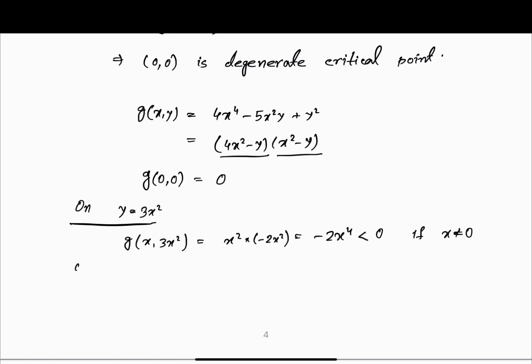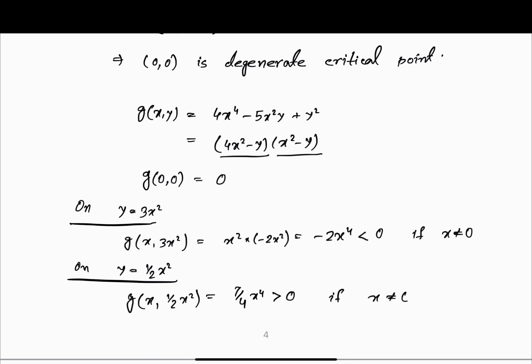And take another curve where this will be positive. So take y equals half x². Then g(x, half x²), if you check, will be 7/4 x⁴, which is positive if x is not equal to 0.